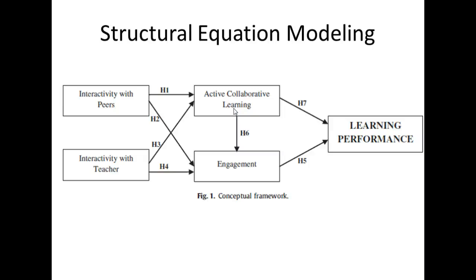They're also going to test whether interactivity with peers contributes to engagement, and so on for each of these 7 hypotheses, and they're looking at them in the direction that you see the arrows. So this causes this, this causes this, and so on. The direction of the arrows is important, and what the arrows point to specifies the authors' belief about cause and effect relationships.